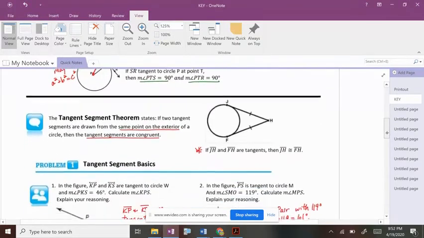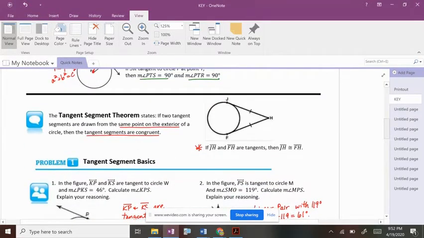Now, the first theorem that we have is called the tangent segment theorem. It says if two tangent segments are drawn from the same point on the exterior of a circle, then the tangent segments are congruent.